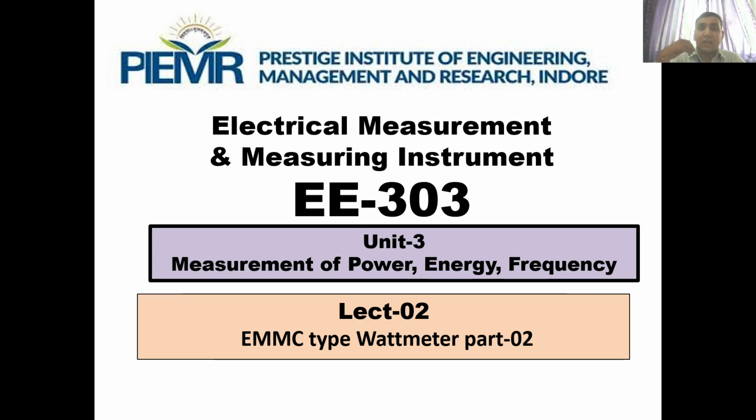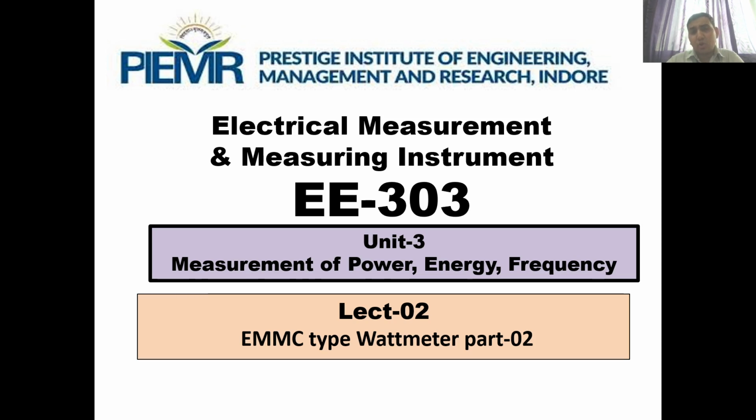It does not directly measure the AC power. We have to aggregate the torque, or average the torque, and the average torque will be directly proportional to the true power of the system.